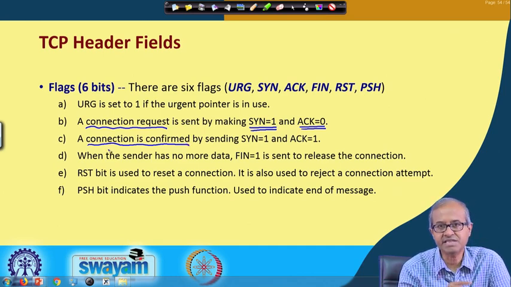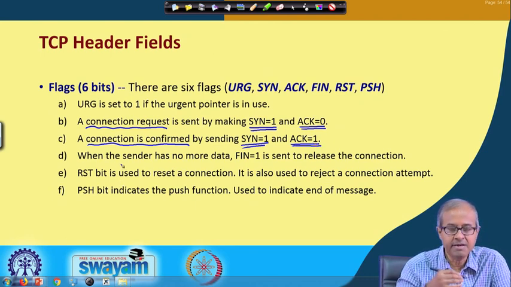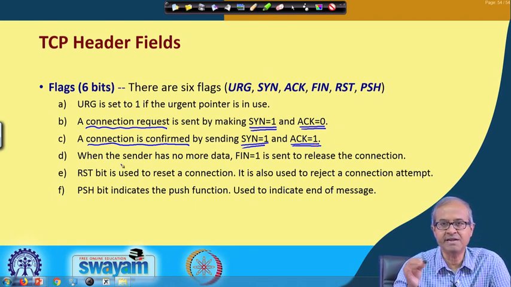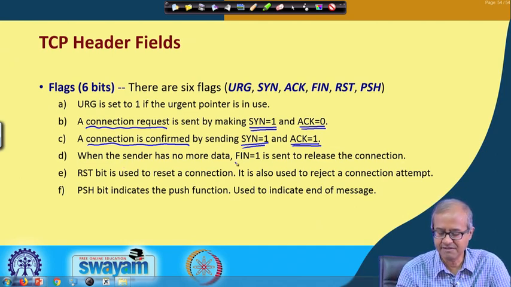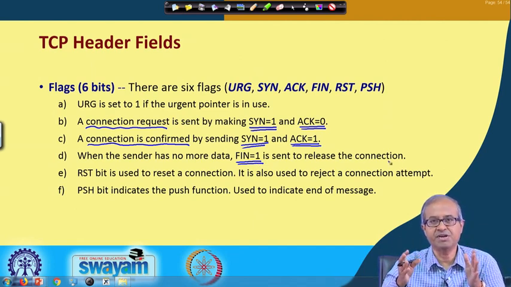So, when a connection is confirmed, then the SYN and ACK both are set to 1, right. And during sending, if the sender has no more data, it has finished sending the data, then the finish flag will be set to 1, so that the connection can be released. So, when the connection has to be terminated, this FIN flag is set to 1.